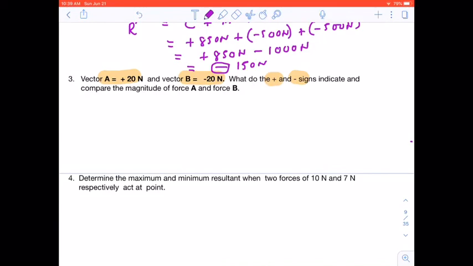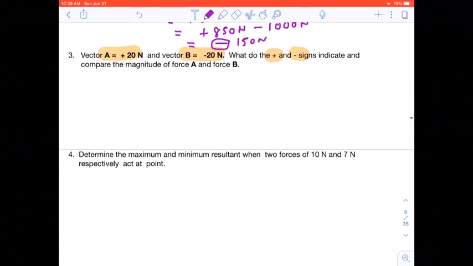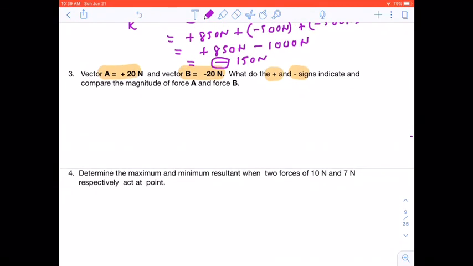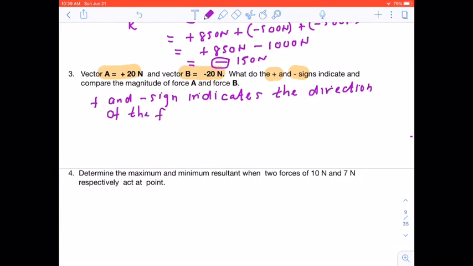Okay, there we have the plus and minus sign indicates the direction of the force.